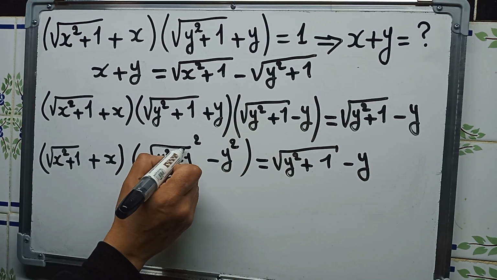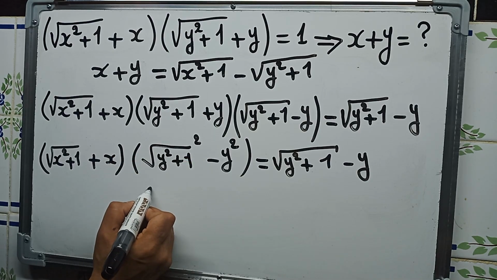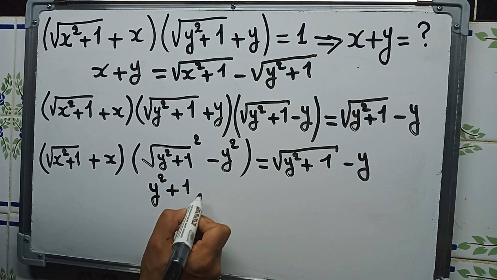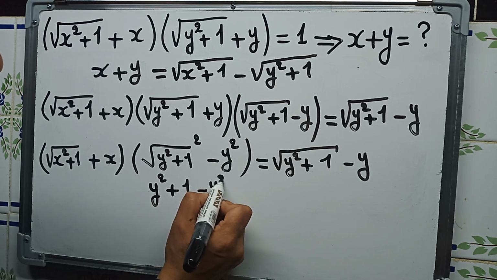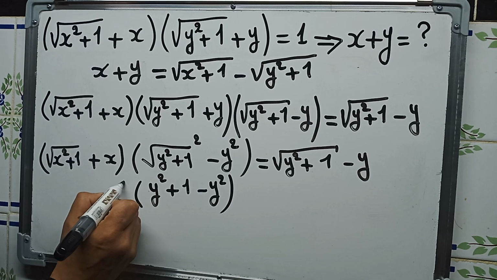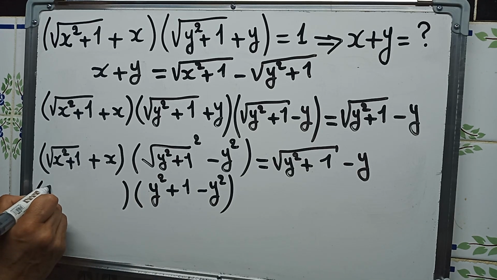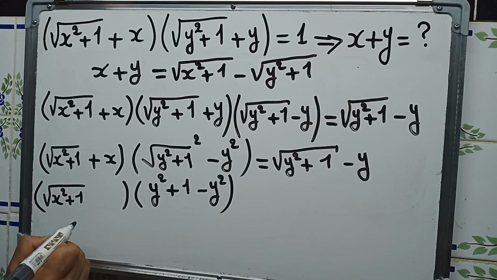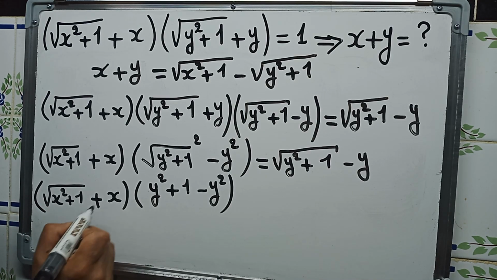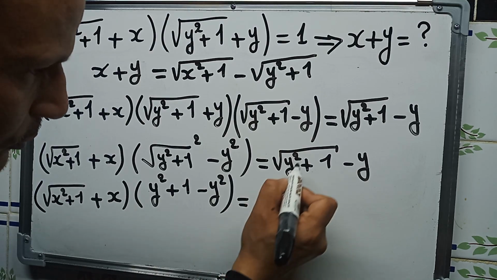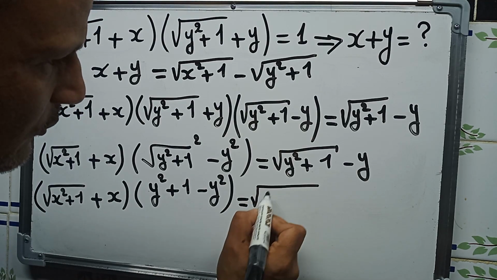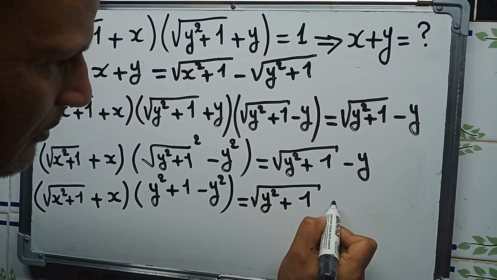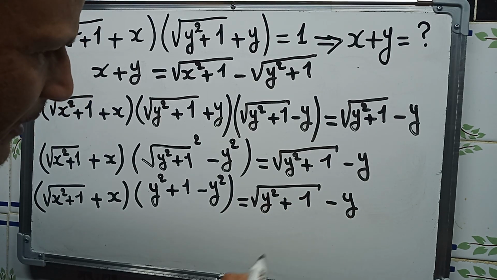Here we have the square root will cancel with the square, so y squared plus 1 minus y squared. Of course, times this number, square root of x squared plus 1 plus x is equal to square root of y squared plus 1 minus y.